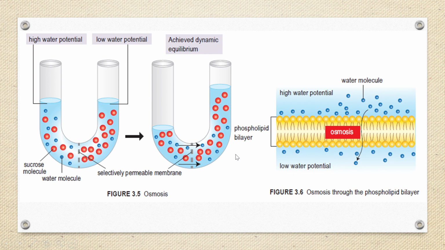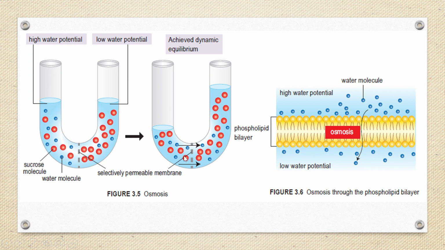So that means the water is not static. We don't say that the water doesn't move, because there is still a selectively permeable membrane that separates these two regions. So water will diffuse in and out across this region at the dynamic rate, because this condition has already achieved dynamic equilibrium.